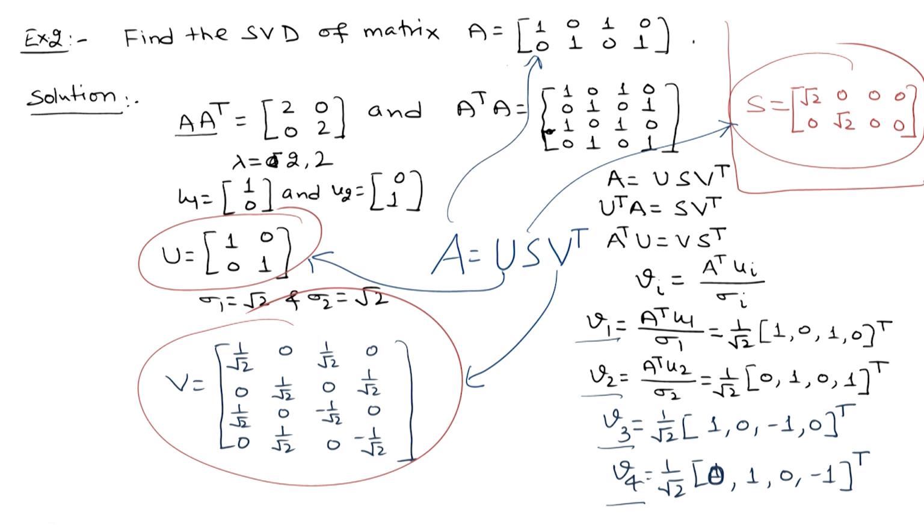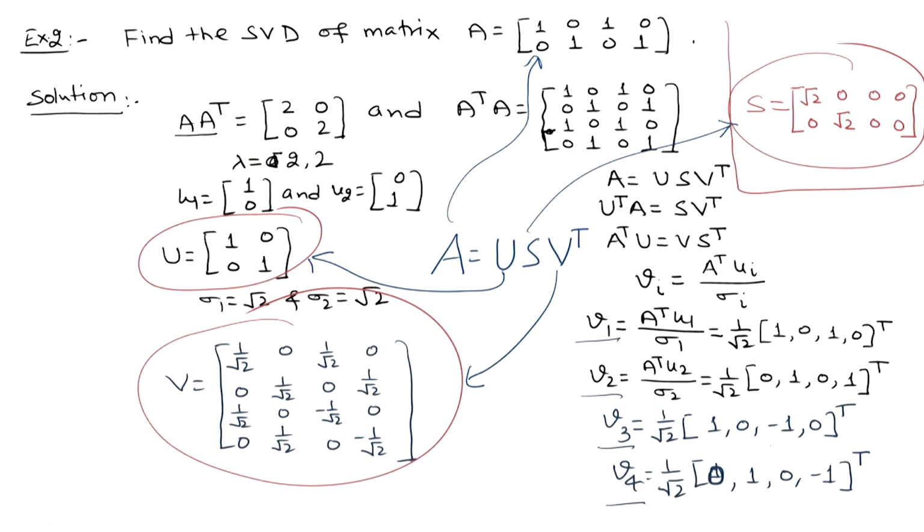So, this is another way of doing singular value decomposition without computing the eigenvectors of a bigger matrix. But here you have to choose these vectors very carefully, because they should make a set of orthonormal vectors.